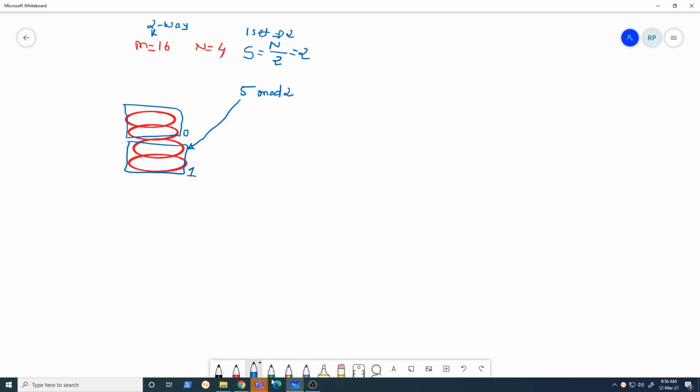Instead of that, total blocks in your main memory are 16. To represent that you require 4 bits. So represent your blocks in 4 bits. 5 is 101 and I need to represent it in 4 bits.